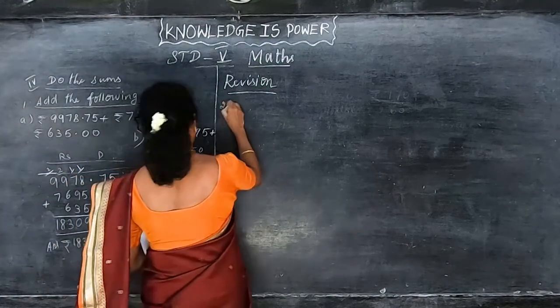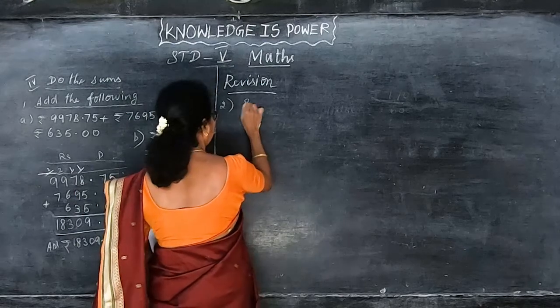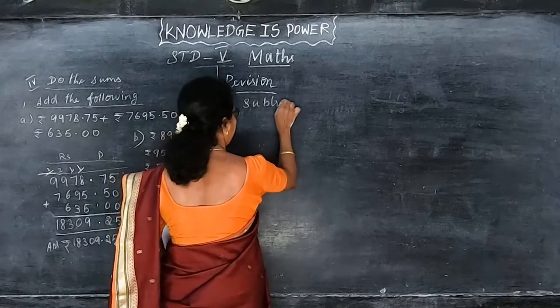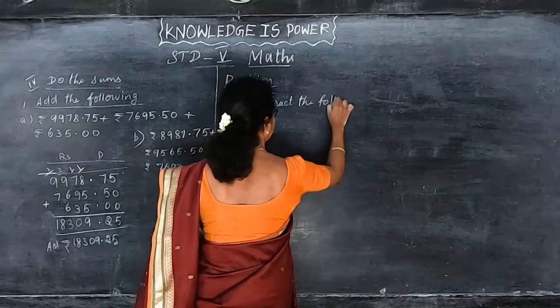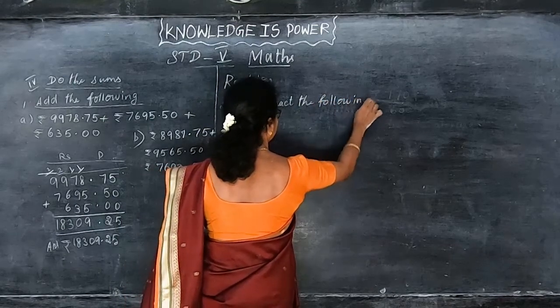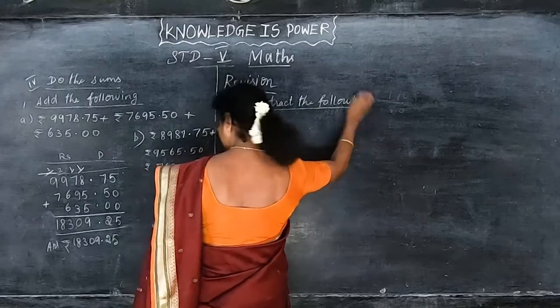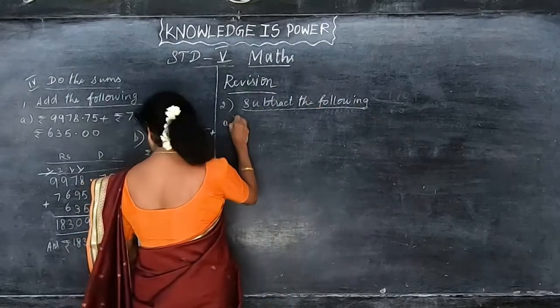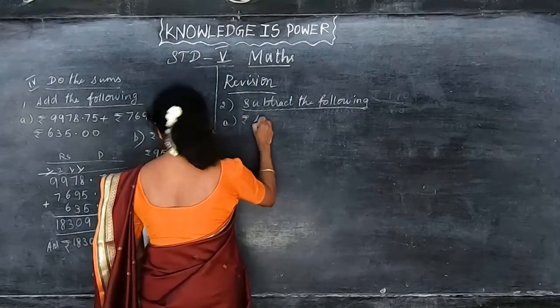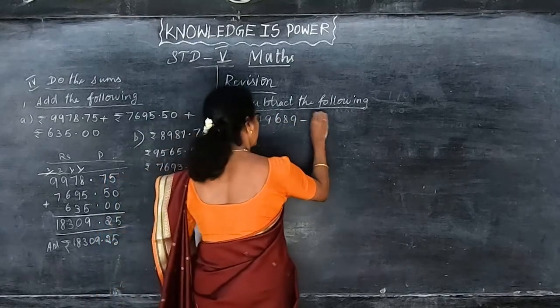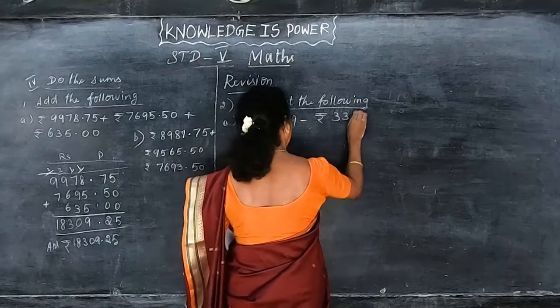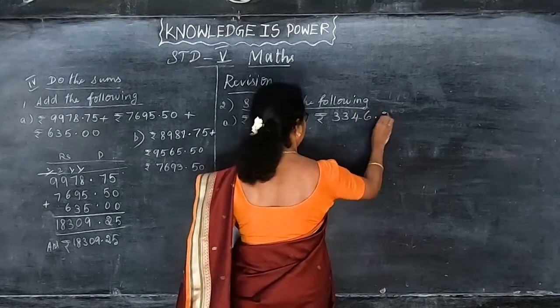Now the second sum is subtract the following. Subtract the following. That is, A sum is rupees 49,689 minus rupees 3,320 paise.